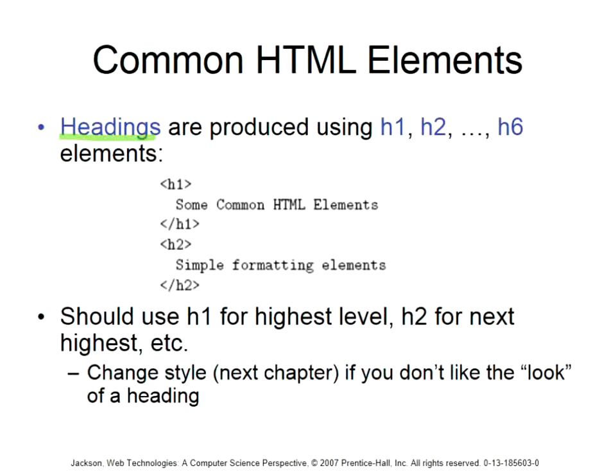For headings we use H1, H2, H3, H4, H5, H6. So we have 6 levels. H1 is the biggest, and H6 is the smallest level of headings. Clear for headings?